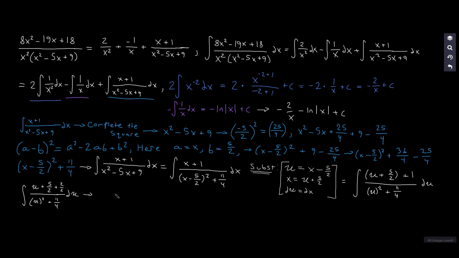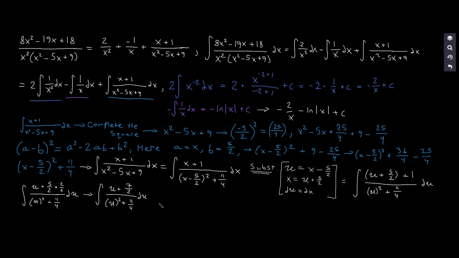This is going to become the integral of u plus 7 over 2. In the denominator, we're going to have u squared plus 11 over 4, integration with respect to u.